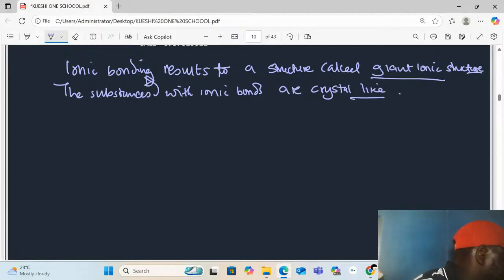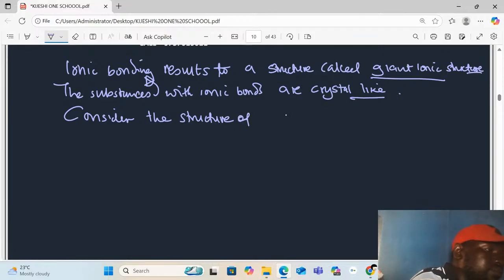And this crystal-like is just a solid with the particles arranged in a definite pattern. And now we don't have to look at each and every example, but let's consider the structure of sodium chloride.